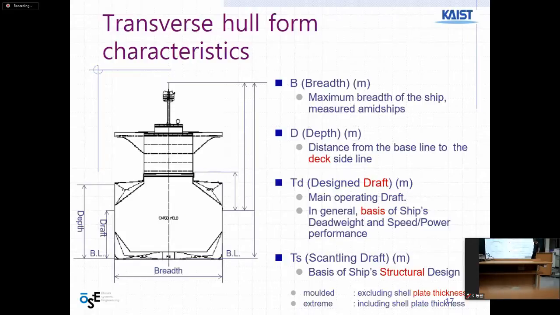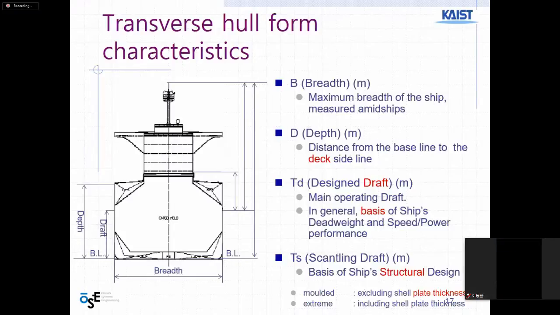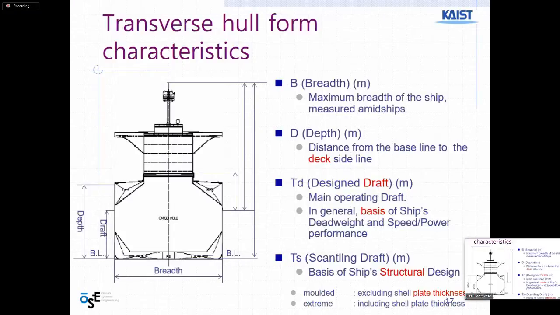And this is a molded something, and extreme, where is it? Molded something. Where is it? See, the molded means this steel plate's thickness. Did I tell you about the thickness of the ship's steel plate?